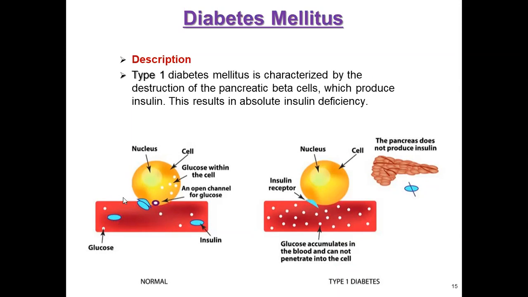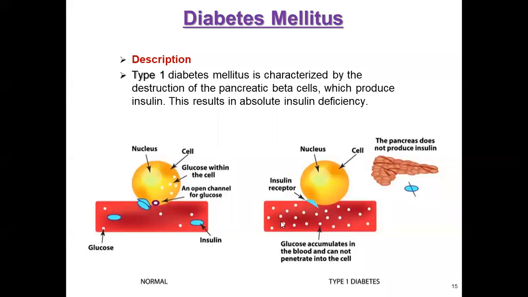So this is the blood vessel. Inside the blood vessel, glucose and insulin. And this is the cell. So blood glucose is metabolized in the presence of insulin and taken to the tissue.